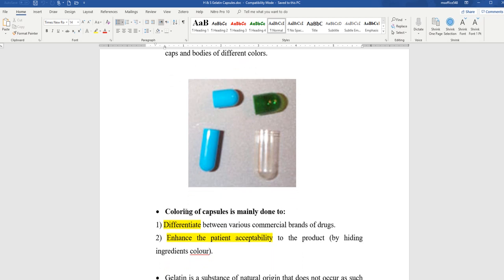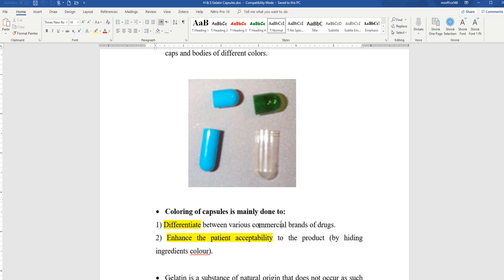So the question is, what is the importance of coloring, if we need to add a coloring agent and opaquant agent? The importance is it allows us to differentiate between different commercial products. For example, sometimes when you talk to your friend, you'll say, oh, the blue capsules, or oh, the green capsules, or the brown capsules.